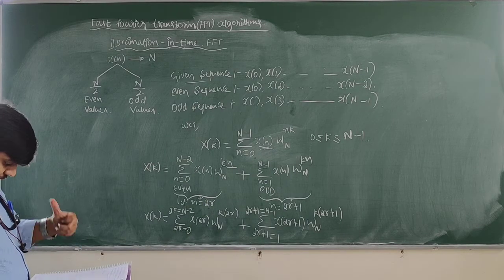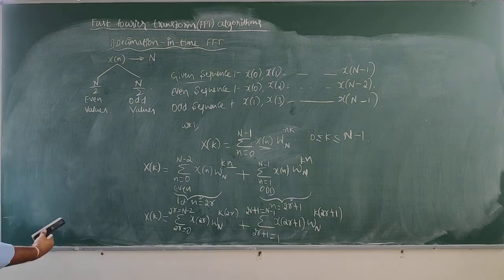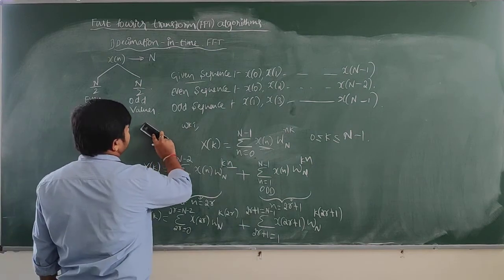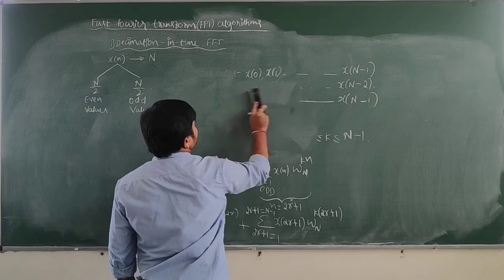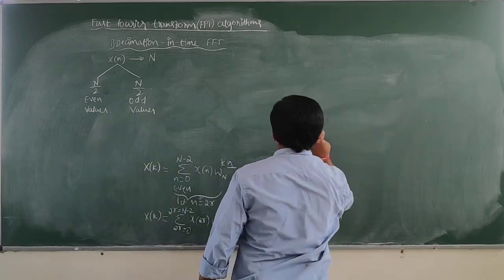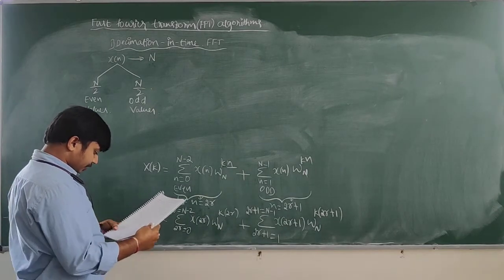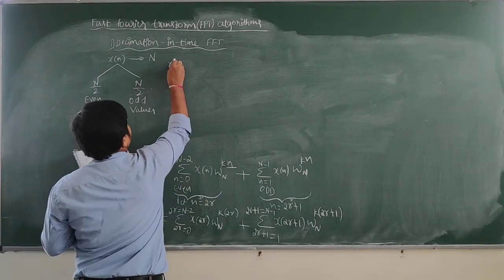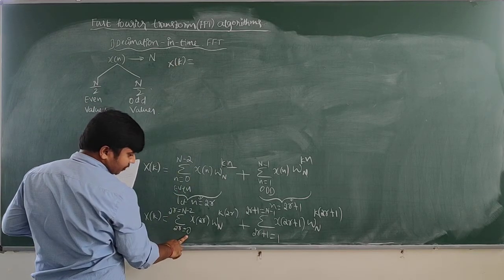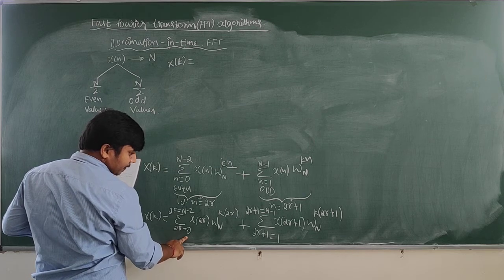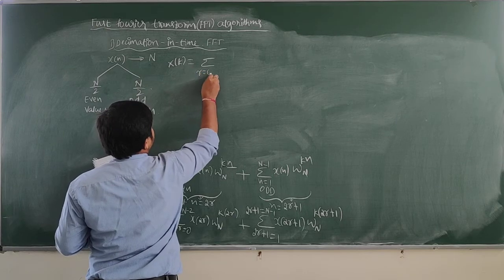Okay, so next, simplify this equation. What happens? X of k is equal to, so 2r is equal to 0, therefore r is equal to 0. Okay, so summation r is equal to 0.